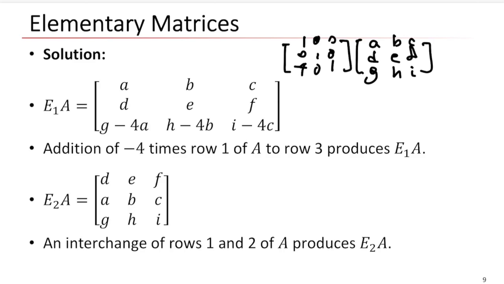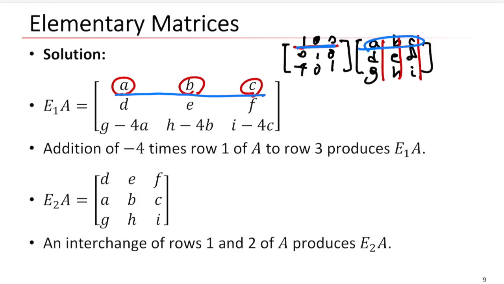Then what is this one? This row times this column, so it is a. What about this? This row times this column. What about this? This row times this column. So in this case, this is 1, 0, 0, so this is the first row of the matrix A itself.